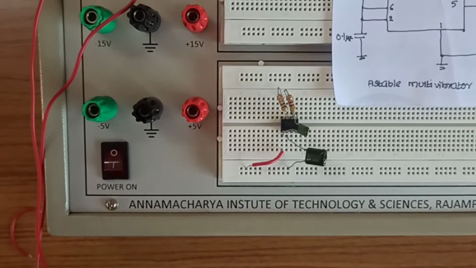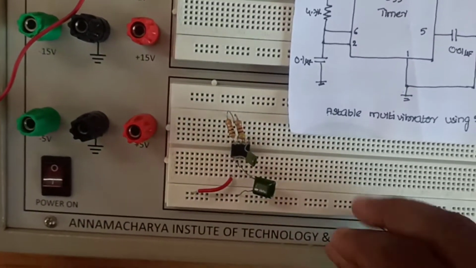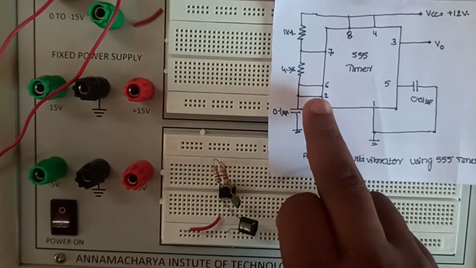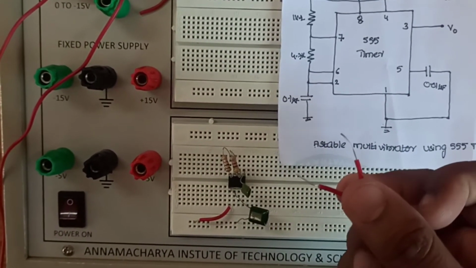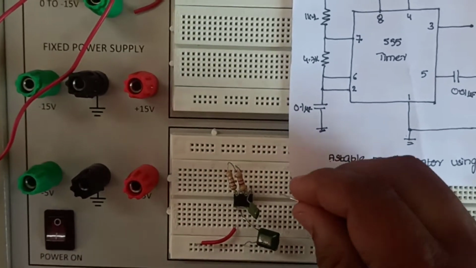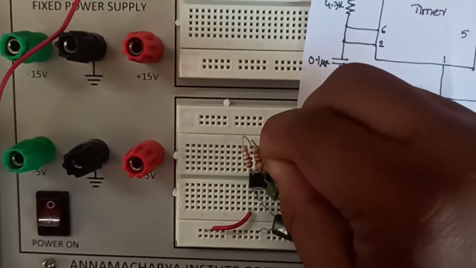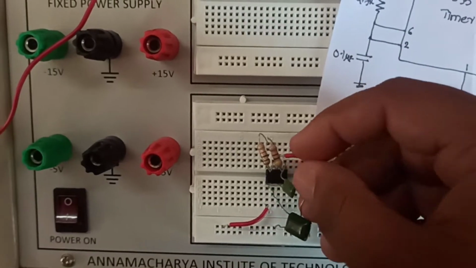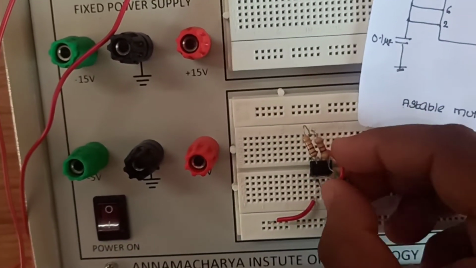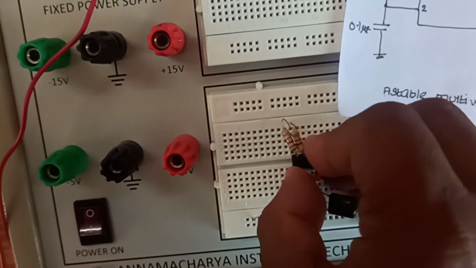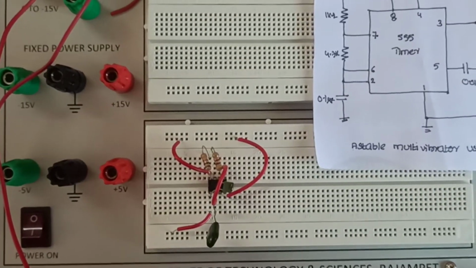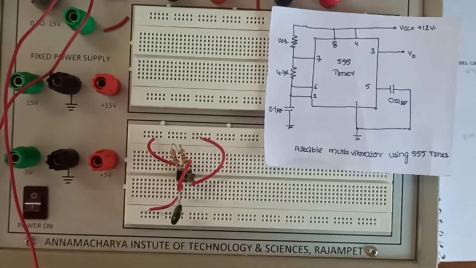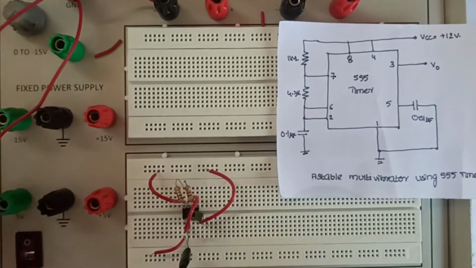And another one: pin 2 and pin 6 are shorted, so we need to provide a short connection between pin 2 and 6 using a connecting wire. So pin 6 and pin 2, like this. Now just observe the connecting wires and their connections here.